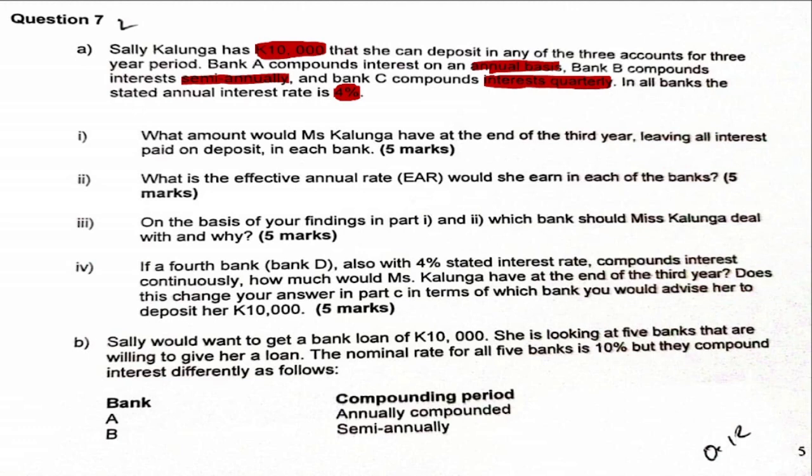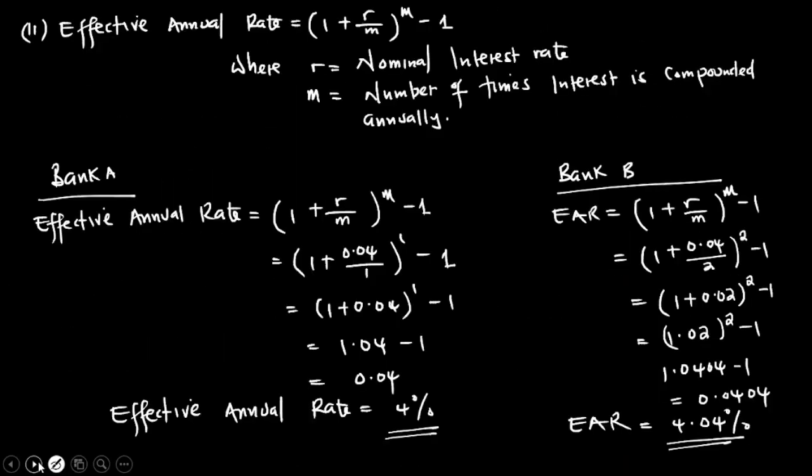Then does this change your answer in part 3, in terms of which bank you would advise her to deposit 10,000 in? So compounded continuously.